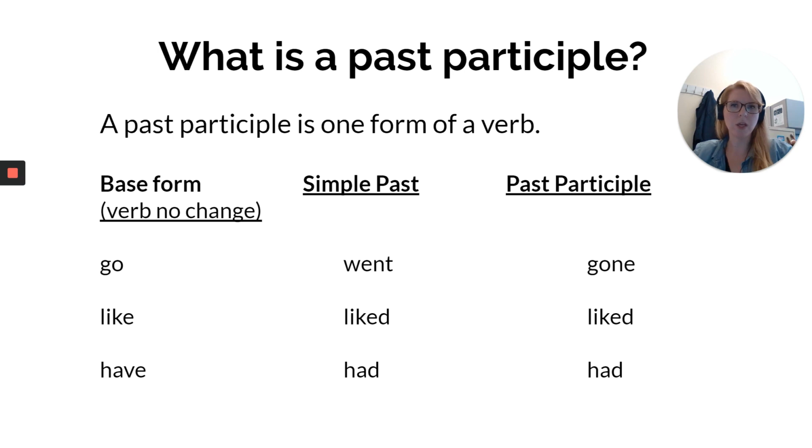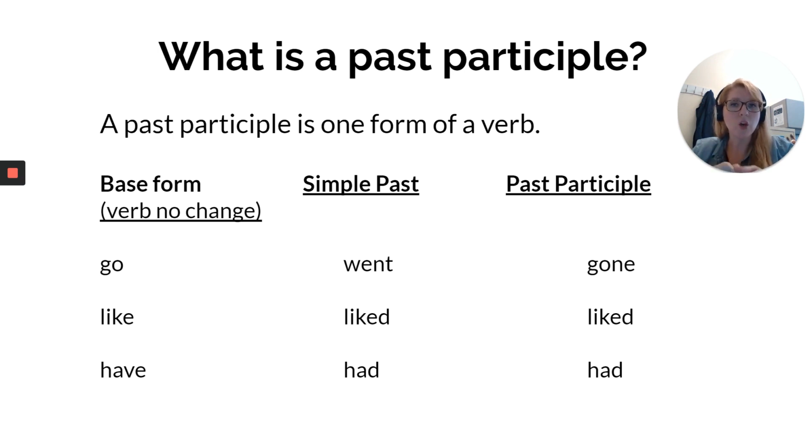So an example would be go. That's the smallest the verb can be. Go. There's no past, no ing, no es, no s for he, she, it. So we call it base form because it's as small as the verb can be and there's no change.